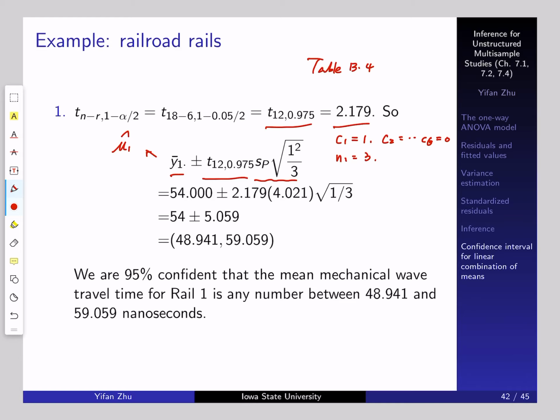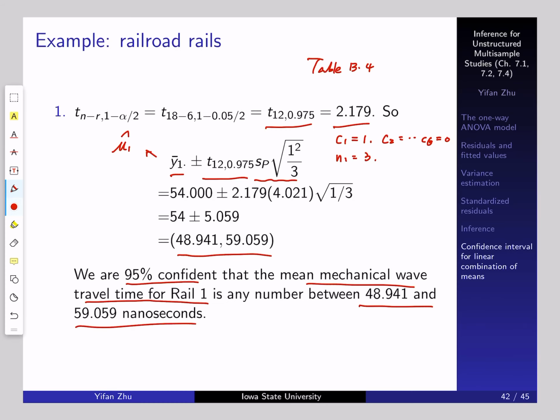And then you get the confidence interval from 48.941 to 59.059. And the conclusion is that we are 95% confident that the mean mechanical wave travel time, actually the excess mechanical wave travel time, for rail 1 is any number between these two values, in nanoseconds.